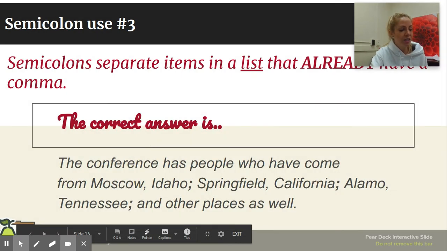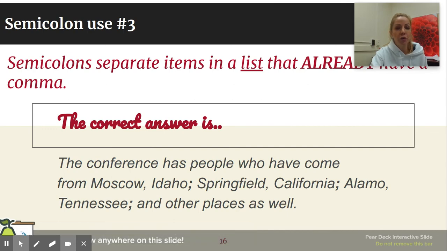The correct answer is, and I want you to make sure that you have the correct answer. So you don't need to change yours if you were wrong, but definitely have the right one. So the conference has people who have come from, look, Moscow, comma, Idaho, semicolon. So that semicolon tells the reader that's one place. Springfield, comma, California, semicolon.